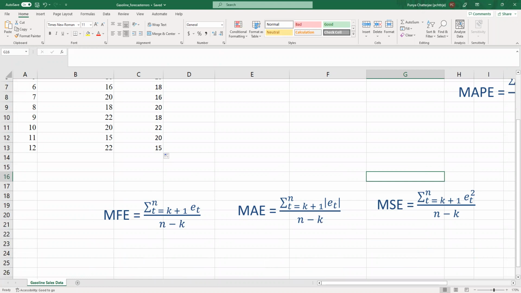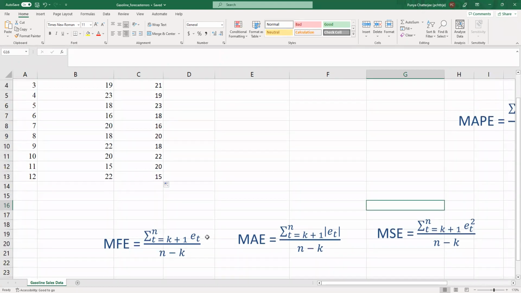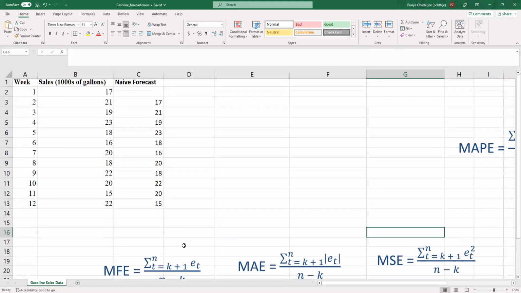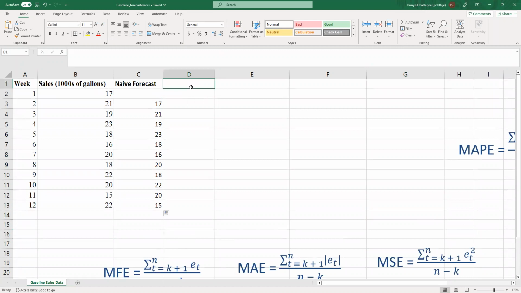To do that, we need to first calculate something. If you look at the formula, there are a bunch of different notations that we don't know the meaning of right now, but we will get to each of those. The first thing to calculate for any forecast accuracy measure, such as MFE, MAE, MSE, and MAPE, is the forecast error.